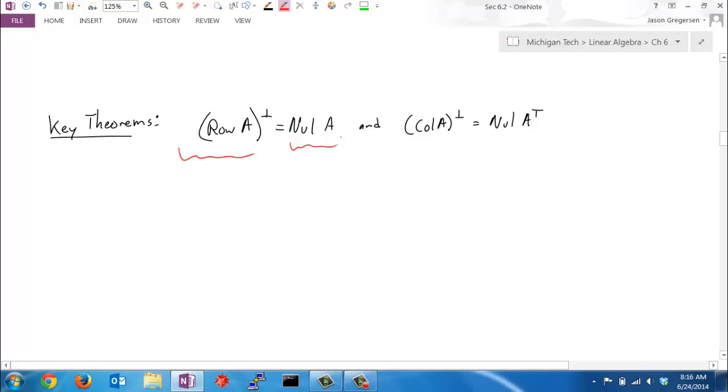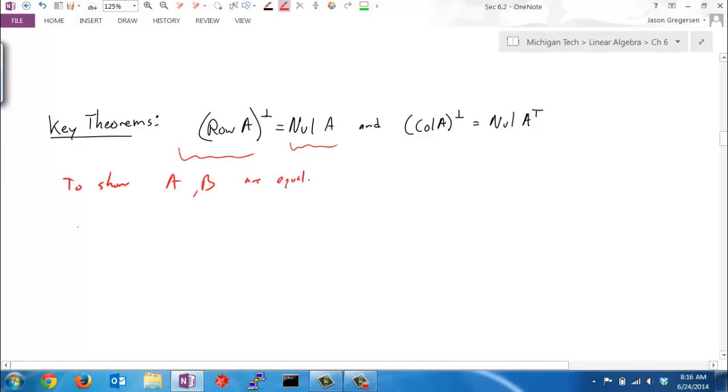I don't know if we've ever done that before, right? So to show that two sets are equal, in other words, if I wanted to show that two sets, A and B, for instance, are equal, this is how I do this.